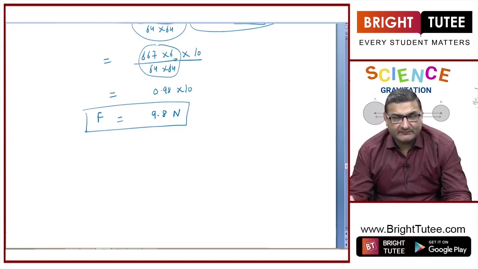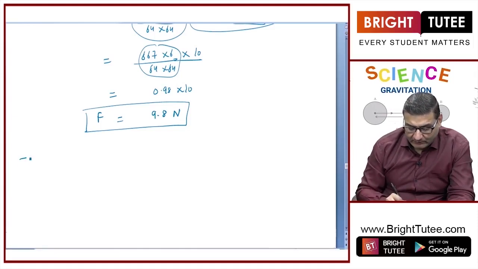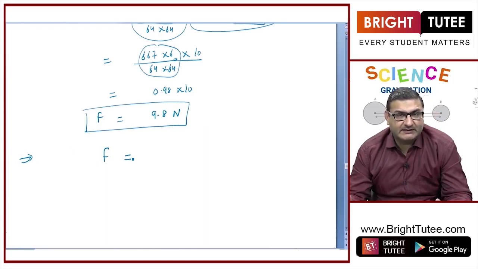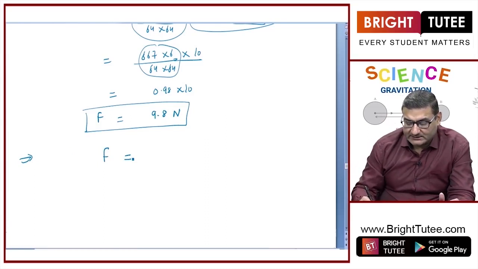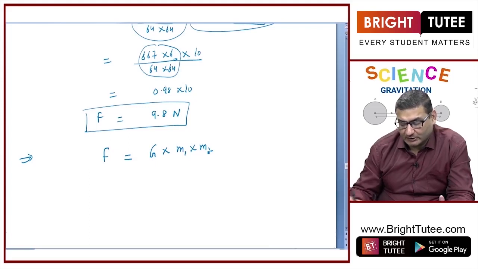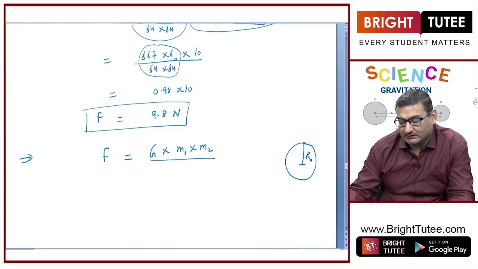Now, if rather than giving the values we are asked what exactly will be the force exerted by earth on an object kept on its surface, in that case what we will take is F equal to G, the gravitational constant, into m1, let this be the mass of the earth, into m2, the mass of the second object, divided by d square. And when we are talking about earth and anything kept on its surface, the distance will be exactly the radius of the earth.